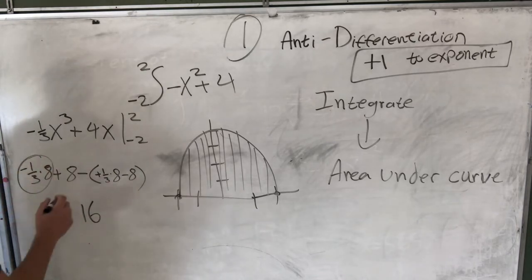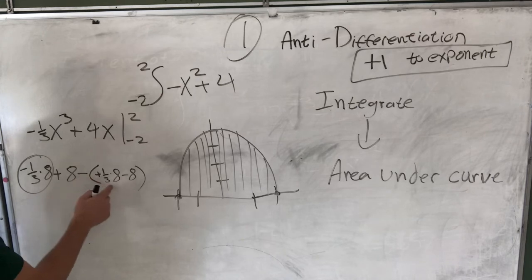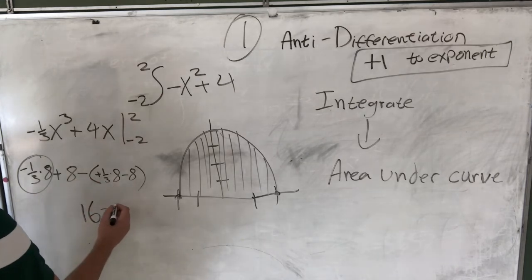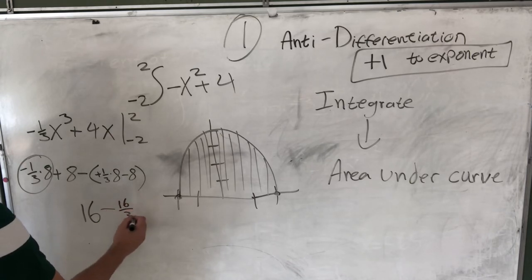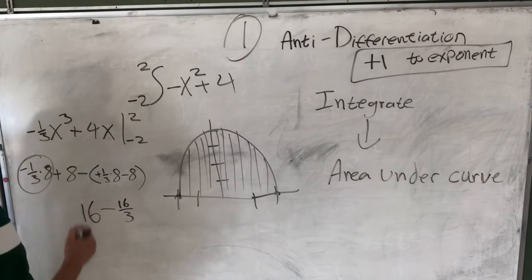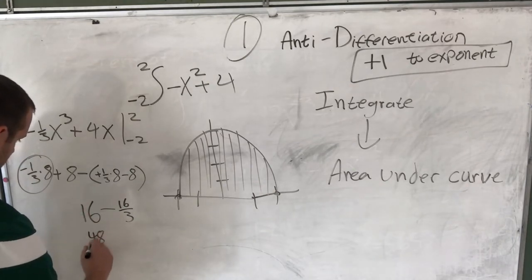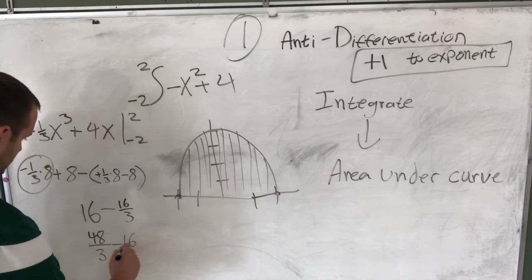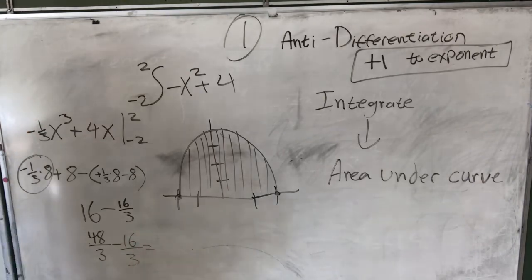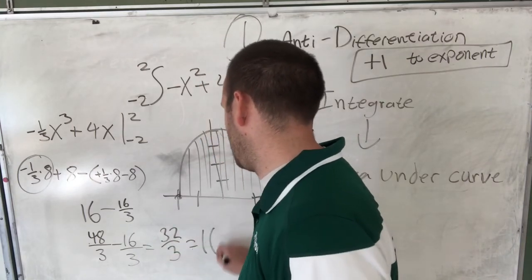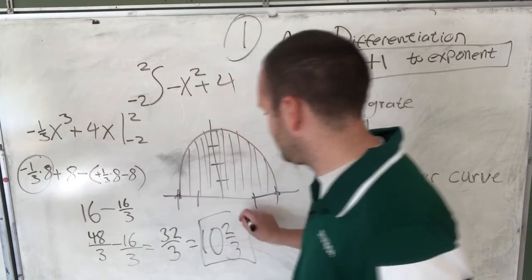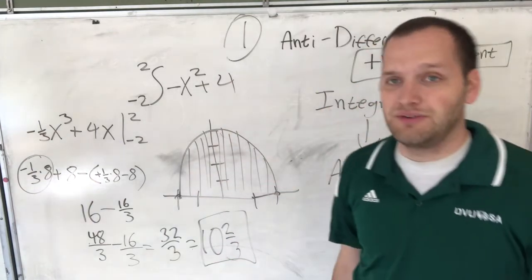The negative 1/3 times 8 plus 8 minus that would give me, over 3, 16 thirds. Let's see, so this is going to be the same as 48 over 3 minus 16 over 3. This leaves us with 32 over 3, which is 10 2/3. So the exact area under this curve is 10 2/3.